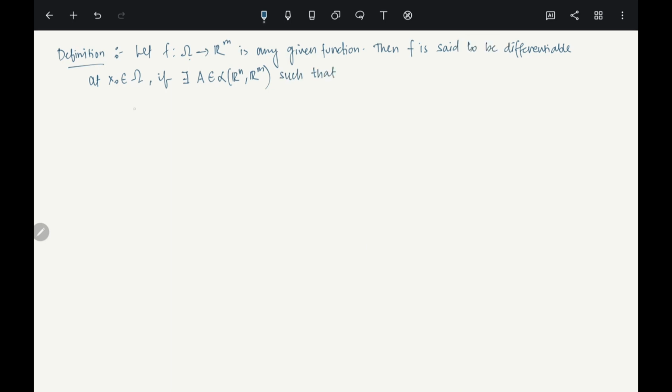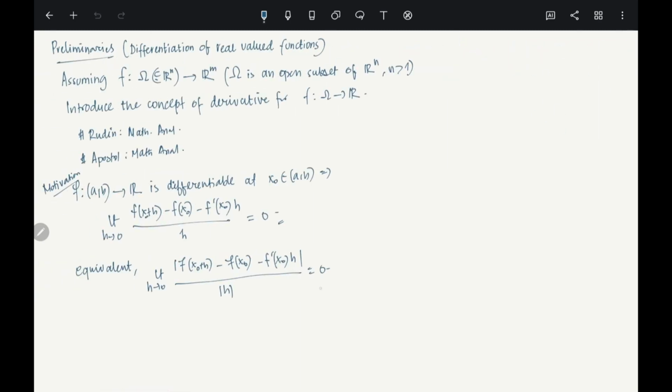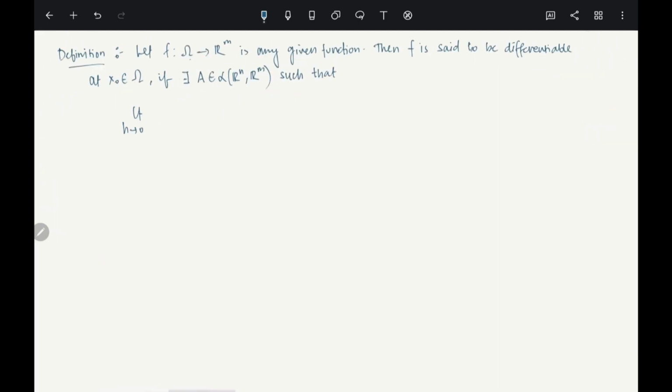This definition is motivated by our earlier one. So what is it? f of x0 plus h minus f of x0 minus the linear transformation applied to h, divided by the norm of h.